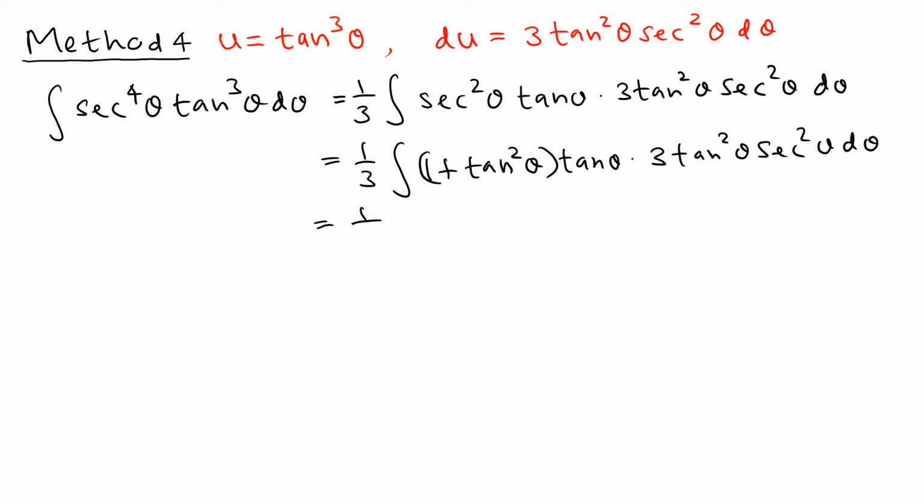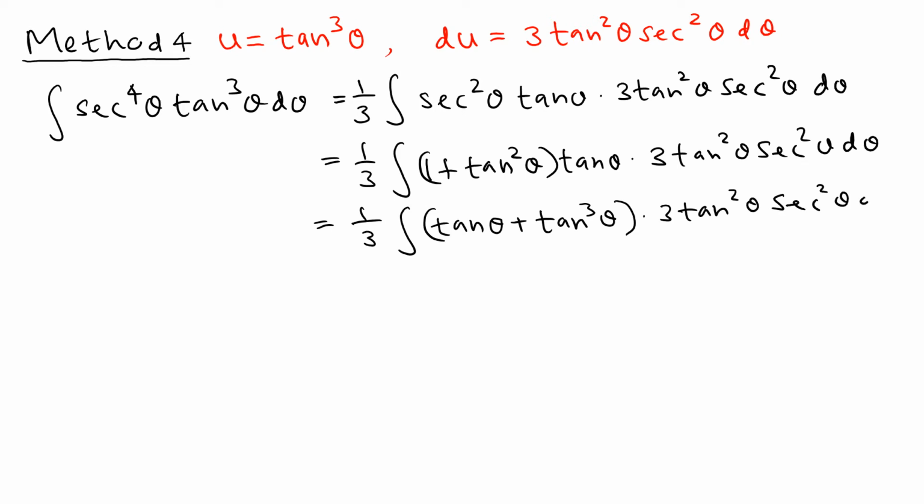So what we do, we need one more step. We're going to distribute. Once you distribute, what's going to happen? You can see that you're going to get tan theta plus tan cubed theta. That simplifies very well now. And then we have this 3 tan squared theta secant squared theta d theta term here. And that's the derivative part.